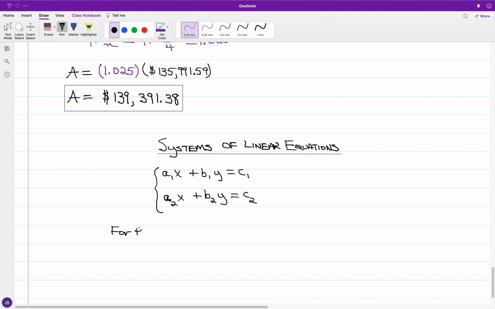For the system above, if there is one solution, the graphs will intersect at the point (x, y).